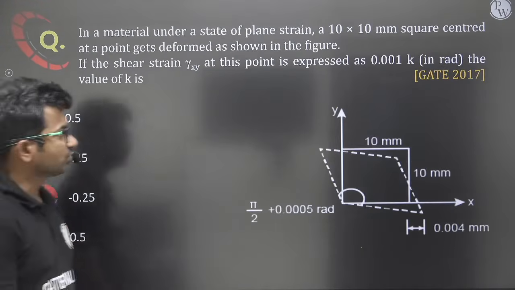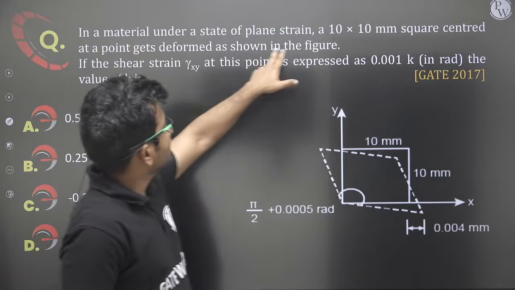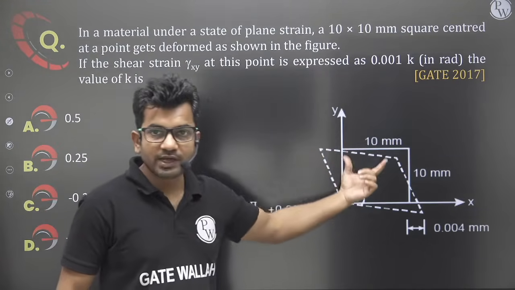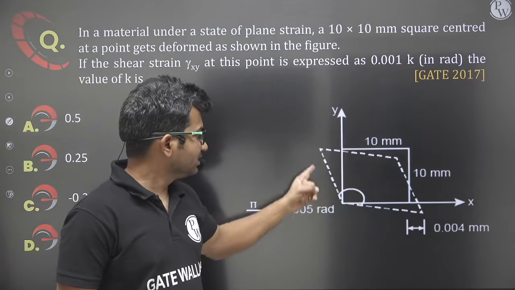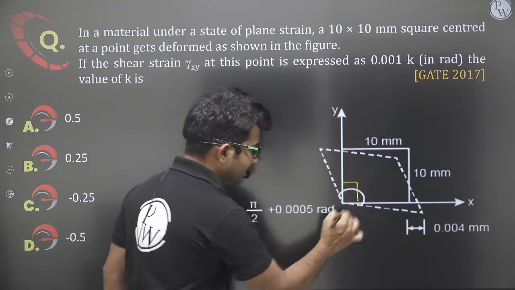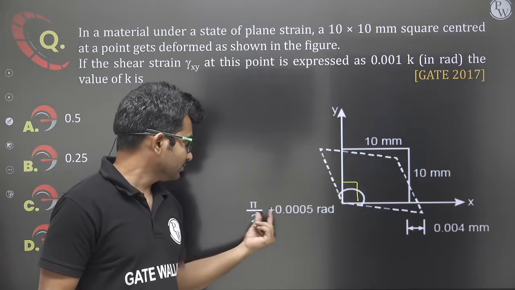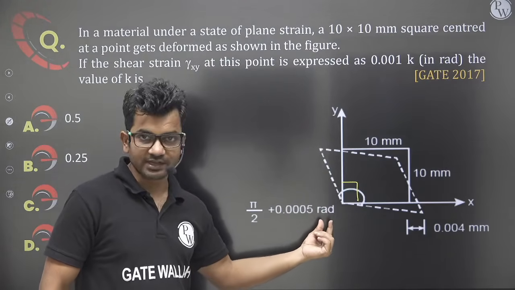Let's move on to the next question. This question was asked in GATE 2017. In a material under a state of plane strain, a 10 by 10 mm square element is taken, and when stress is applied, it is deformed like this. Initially this angle was 90 degrees, and after distortion the angle becomes pi by 2 plus 0.0005 radian.